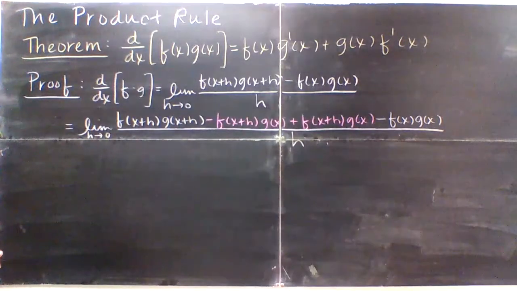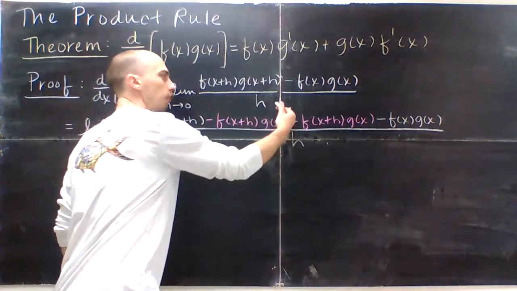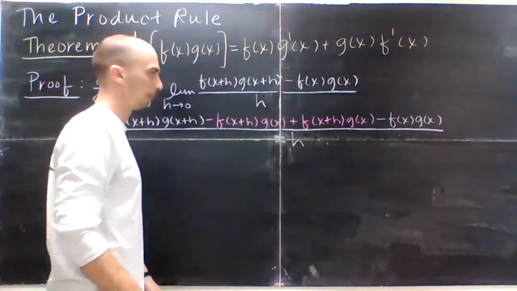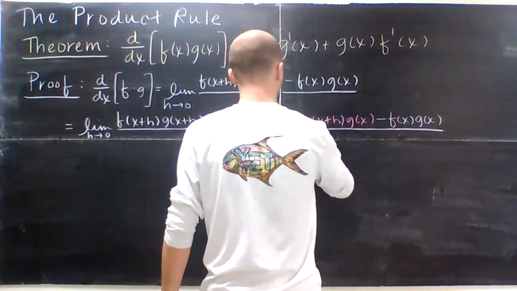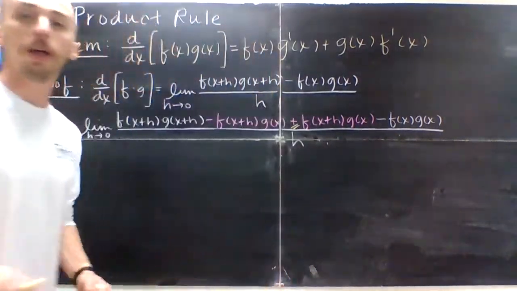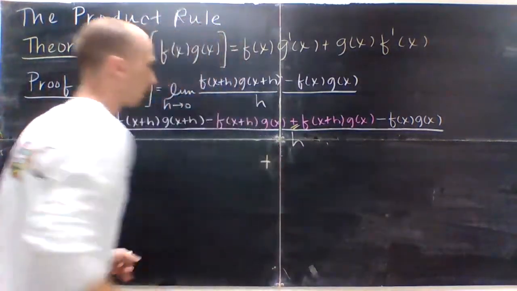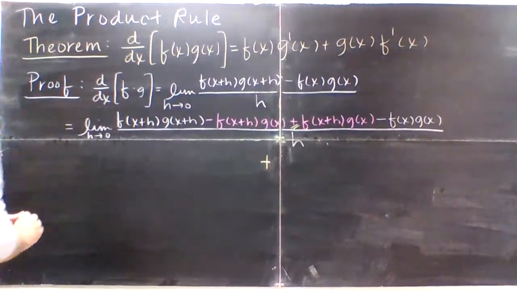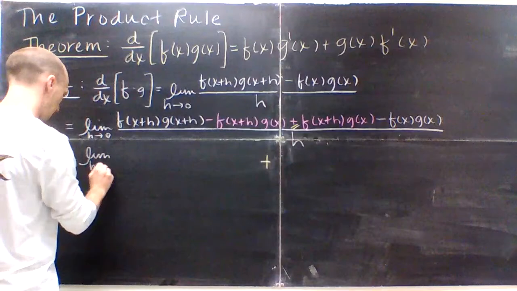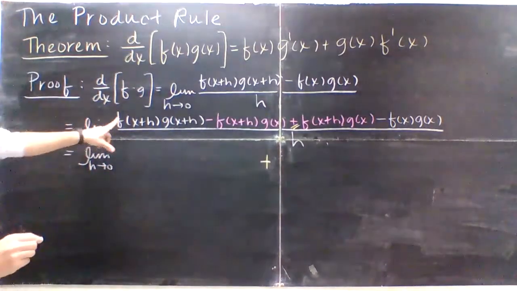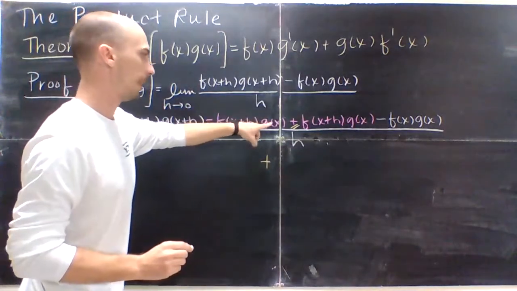Now I'm going to split this over this addition right here, so I'll have the sum of two limits, added together. First, f of x plus h, g of x plus h, minus f of x plus h, g of x, divided by h.